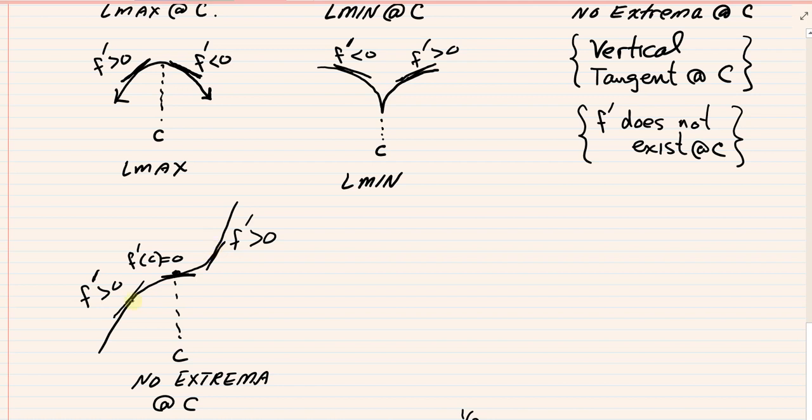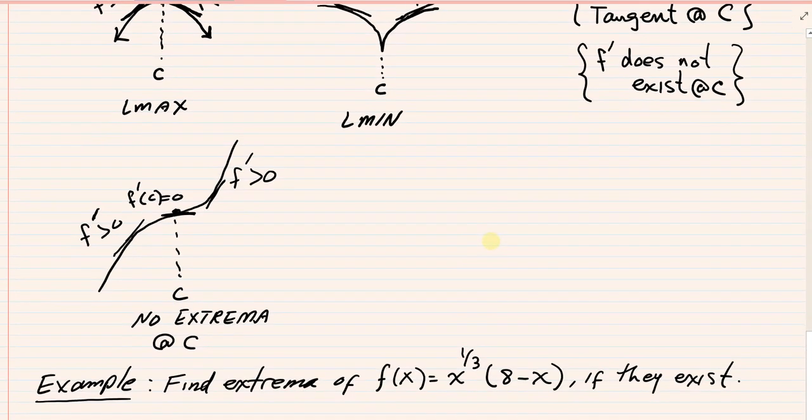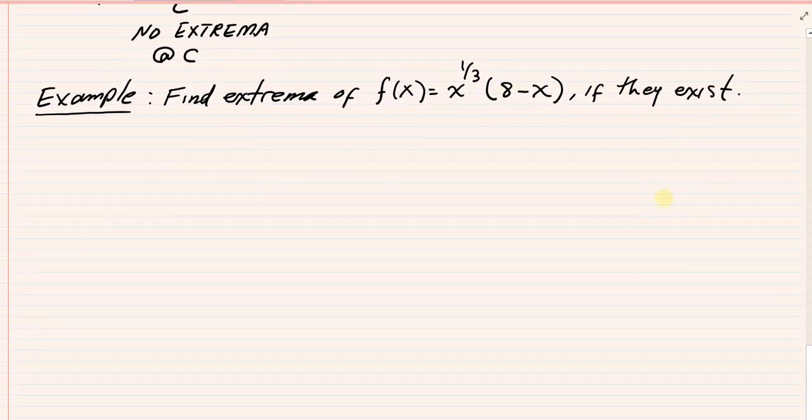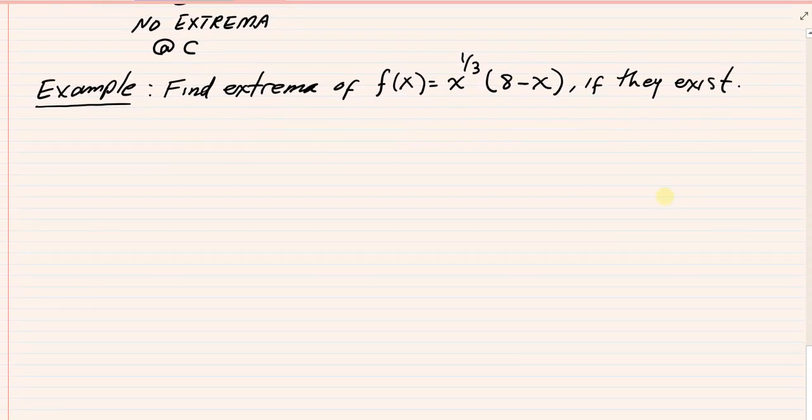It continues being positive, right? So the critical number here at c is a critical number where f prime of c is 0. And this point is not an extrema. It's neither a minimum nor a maximum.